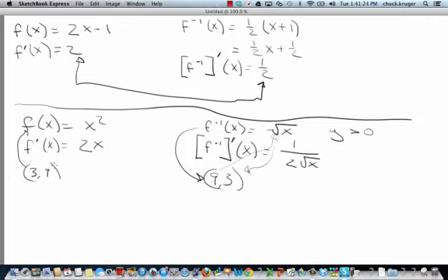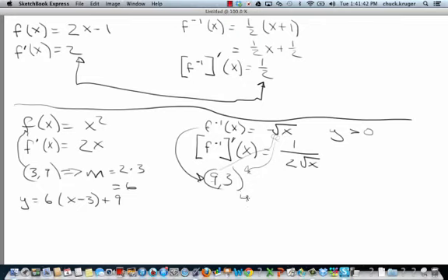So if I plug in 3, the slope of the tangent line in this case is going to be 2 times 3, which is 6. So the equation of my tangent line is going to be 6 times x minus 3 plus 9.